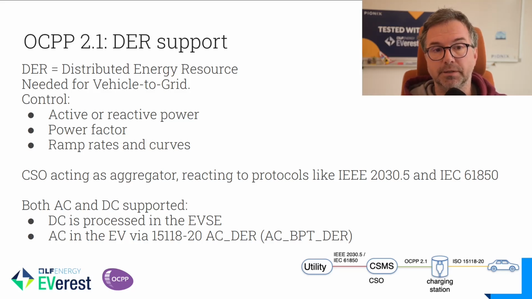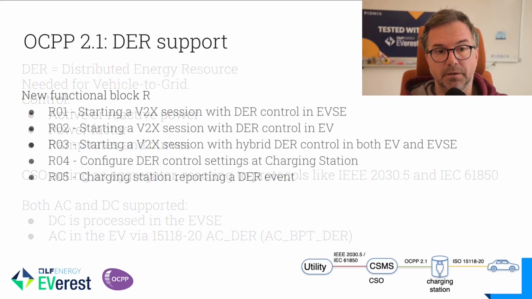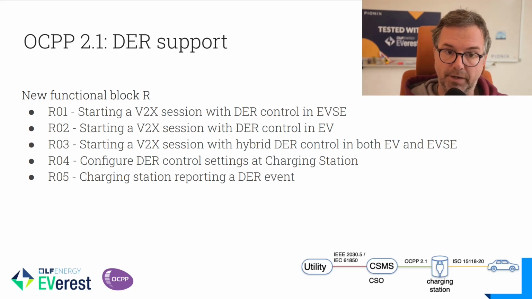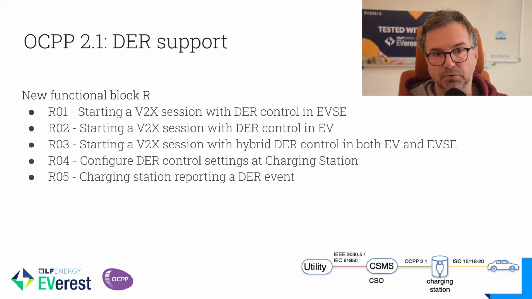And that's where these DER use cases come in. So there's 5 use cases really on how you do DER control combined with V2X via OCPP, and how you report on things that are happening there. So the first thing to implement is V2X, and then following on that is DER control, typically for more high power chargers.